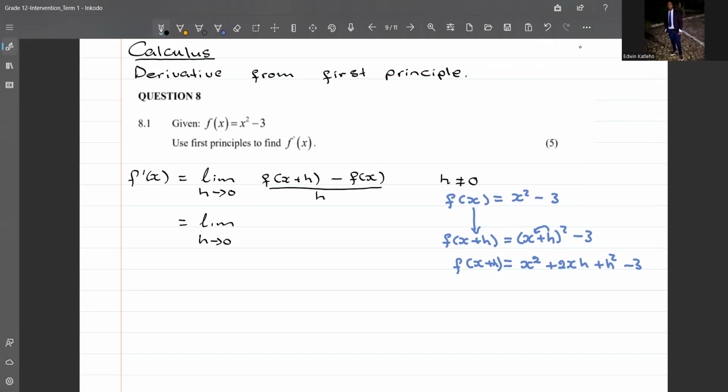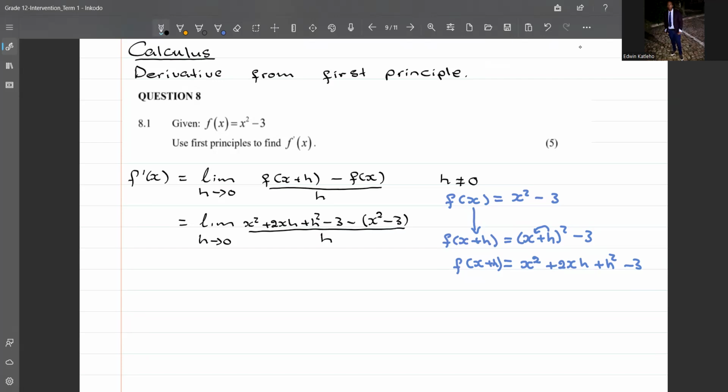Our f of x plus h is x squared plus 2xh plus h squared minus 3, and then we subtract f of x, which is x squared minus 3, and everything has to be divided by h.